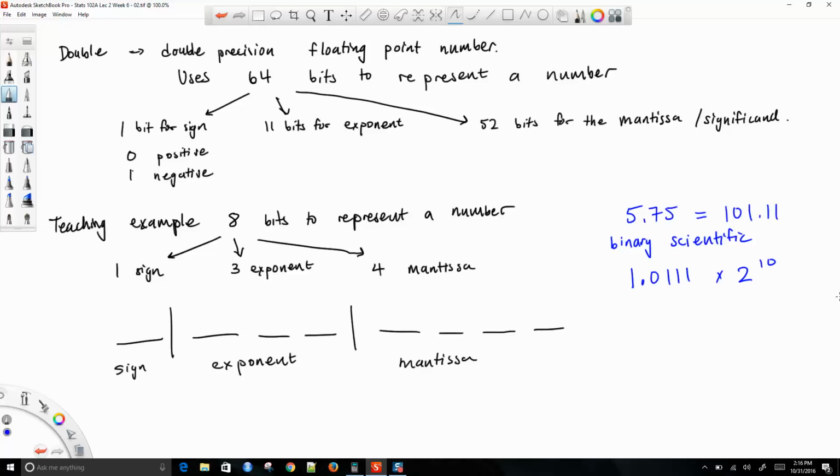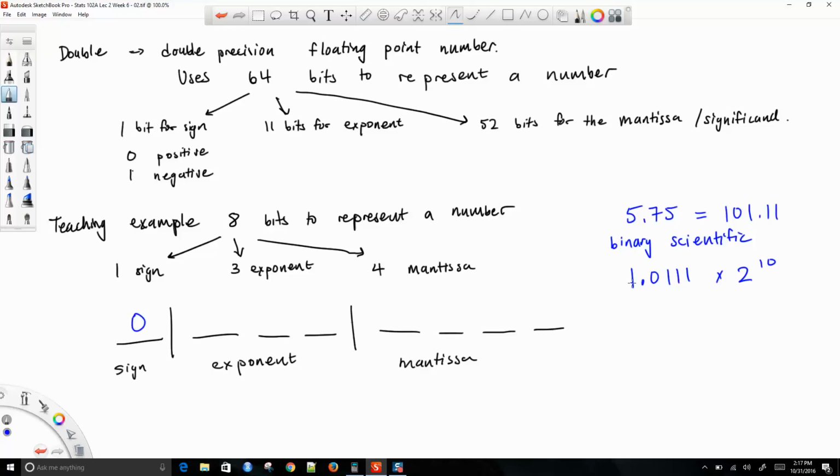And so in order to represent this in our computer, we've got 8 bits to represent this number. We can do this. It's positive, so what do we use for the sign? We're going to put in a 0 for the sign bit. Now we can do a little trick, and that is because in scientific notation you will never have a 0 in the leading digit.